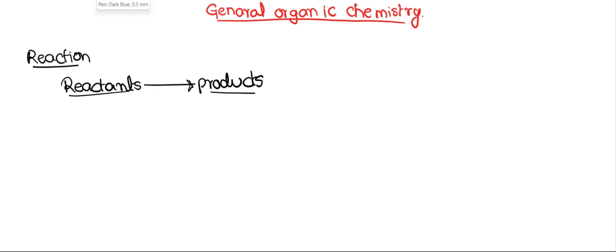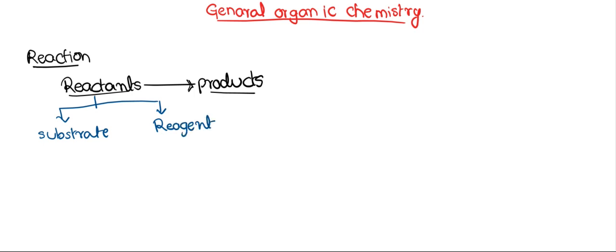We shall know a brief idea about reactants. Reactants consist of two parts: the substrate, and the second one is the reagent. Reagent means what?